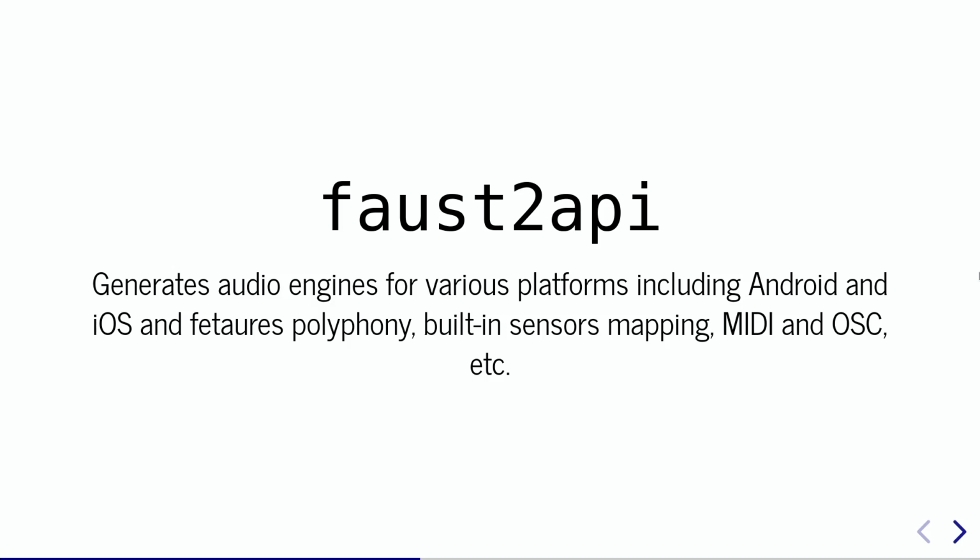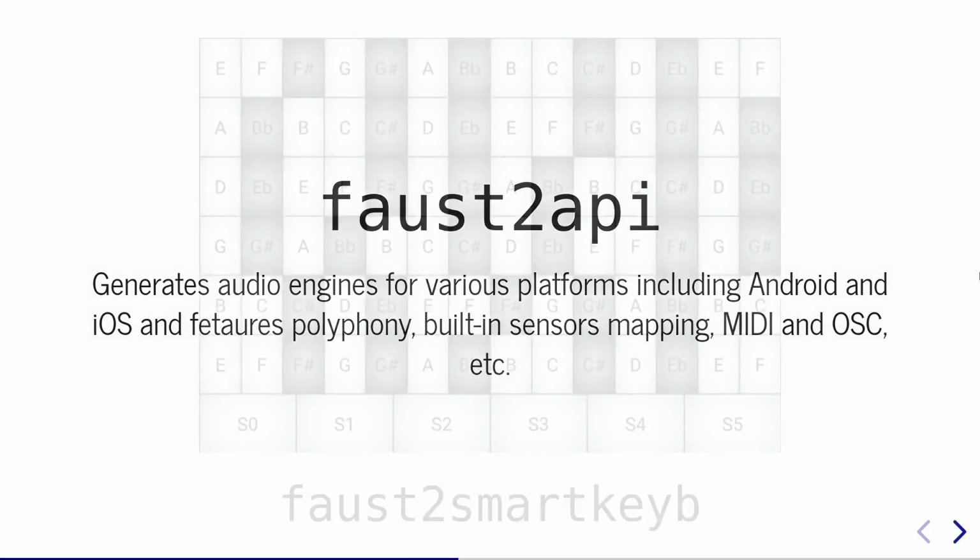And about a year ago, we added support to all the other targets that Faust supports, thanks to Stefan. So now you can use Faust2API to generate audio engines for most of the Faust architectures. In other words, it makes the source code of your Faust program without having the interface.